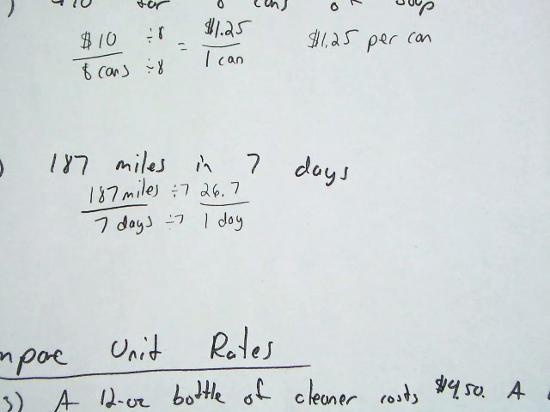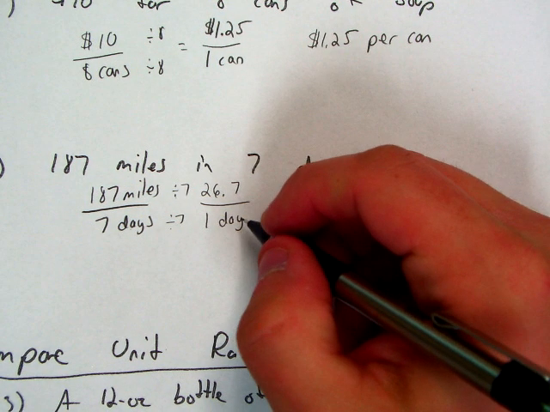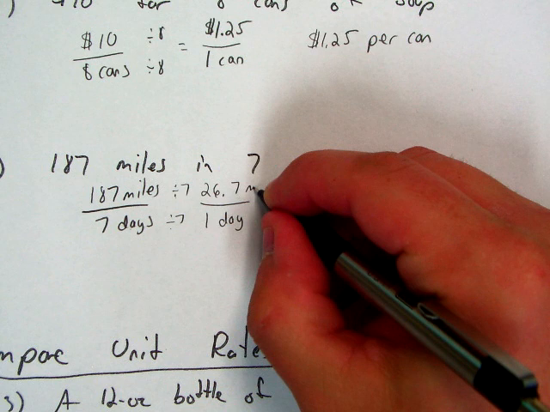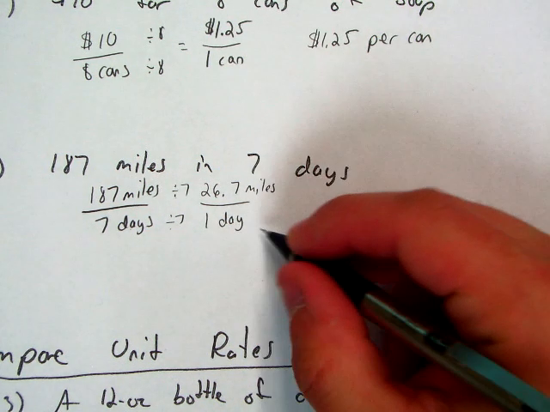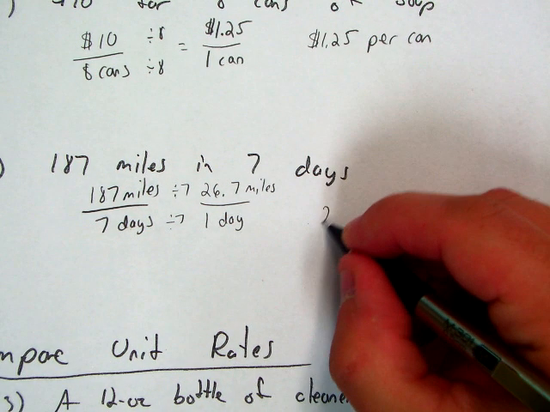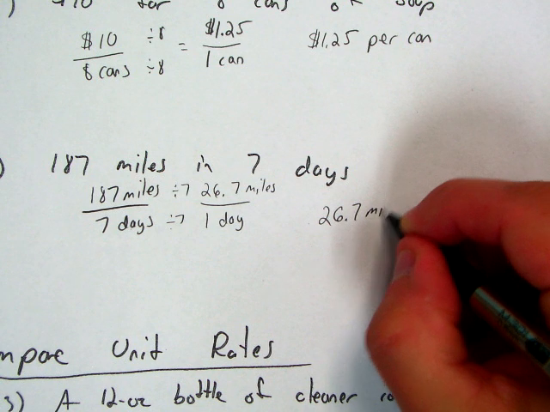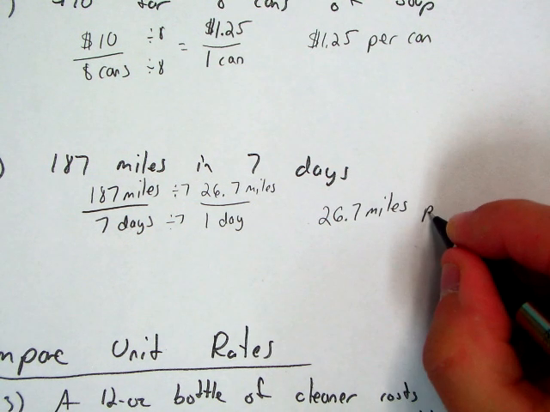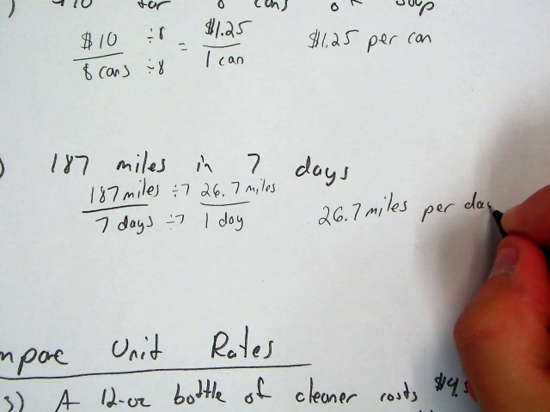The actual answer, of course, is 26.714, but that's a little bit too much. So I'm going to have 26.7 miles over 1 day. Again, I can write that as 26.7 miles per day.